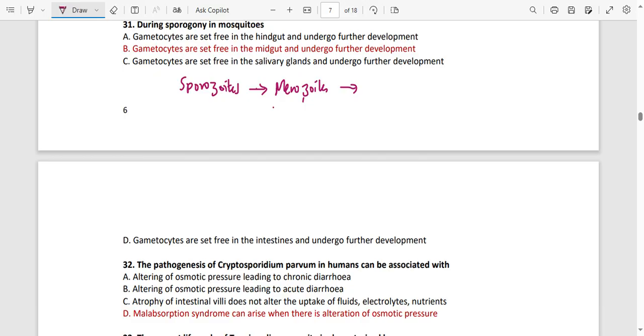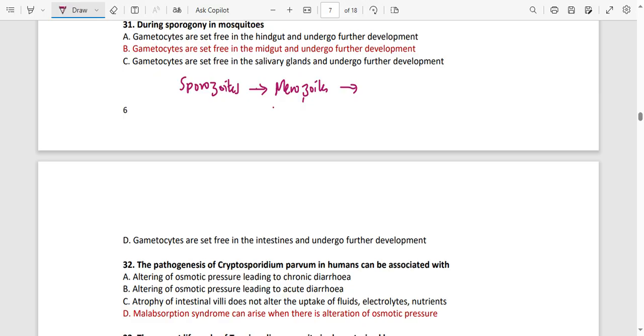So sporozoites first have entered the human, they go to the liver, and while in the liver, they are converted into a schizont, and each schizont contains a lot of merozoites. When the liver ruptures, there is a release of the merozoites, and it's actually the release of these merozoites that causes the fever.